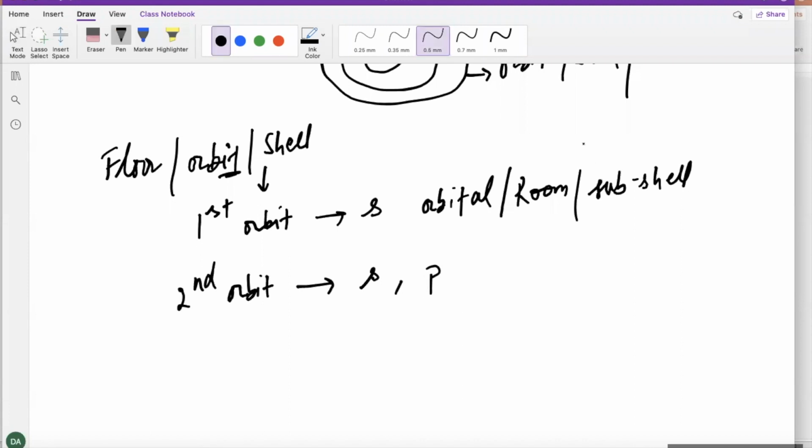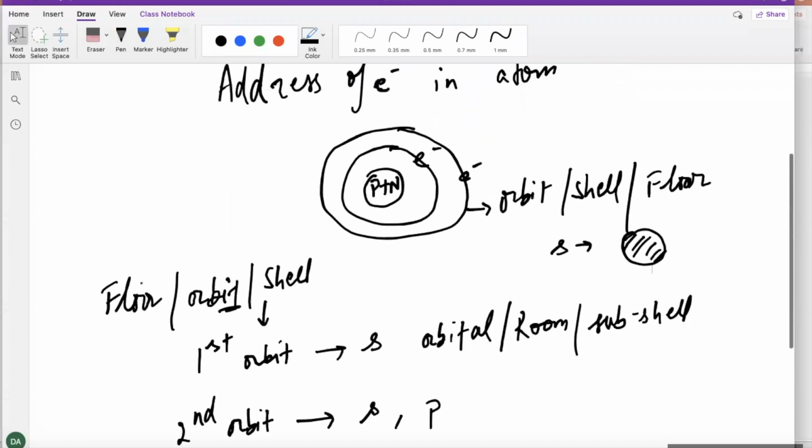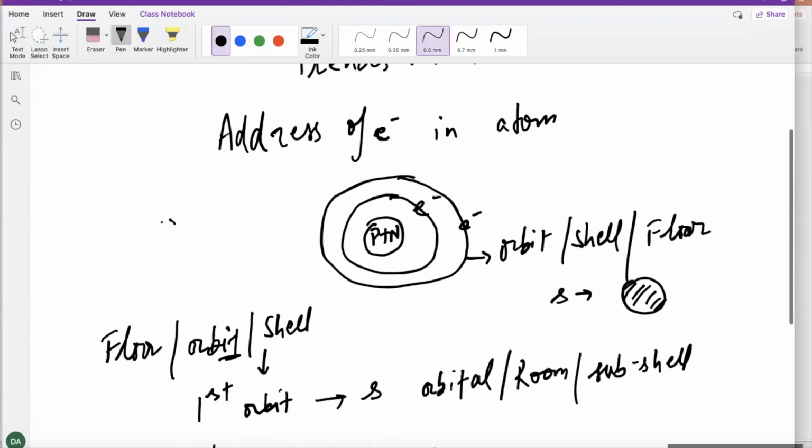S is spherical in shape. So what does that mean, guys? Think of this as if in the center you have your nucleus, and then outside, there's a region where the electrons can be found, and that region is spherical in shape.